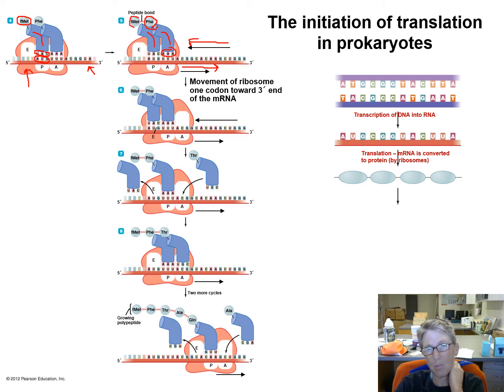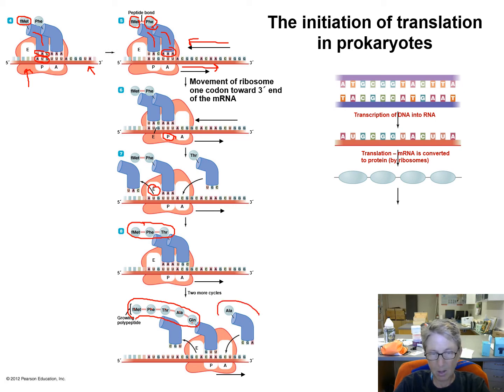And then between the two amino acids, the peptide bond will form. So that's the processing. The peptide bond will form when these two are in the P and the A site. And then you can see that the messenger RNA moves one way, the ribosome moves the next way, and then these transfer RNA molecules eventually will exit. Down here you can see now we've got 3 amino acids linked together by a peptide bond. Here we've got 1, 2, 3, 4, 5 amino acids linked together by a peptide bond.